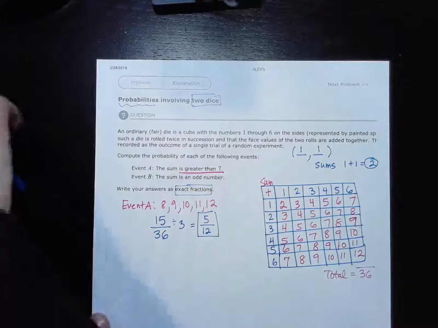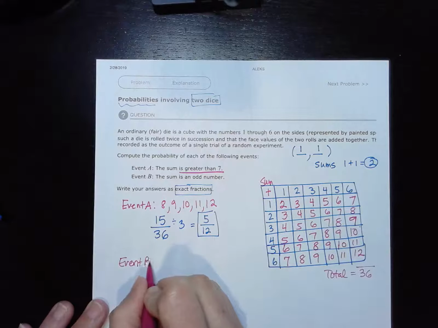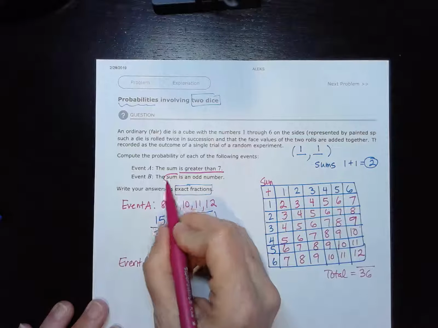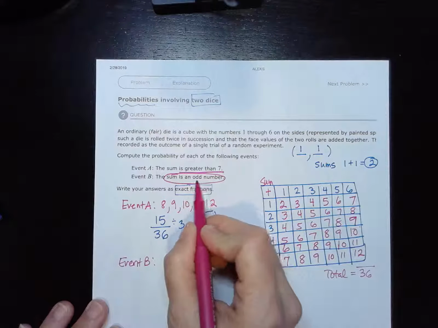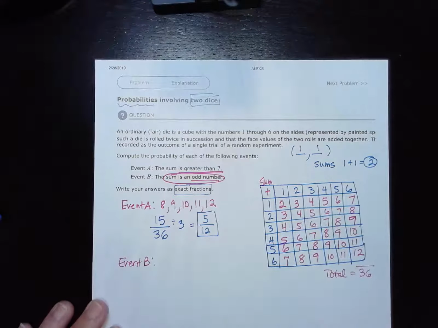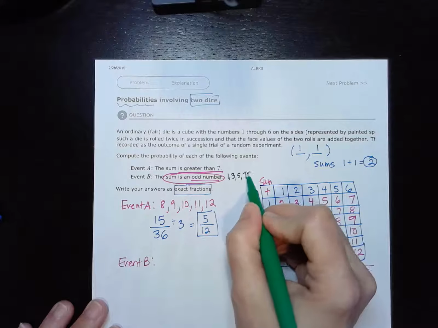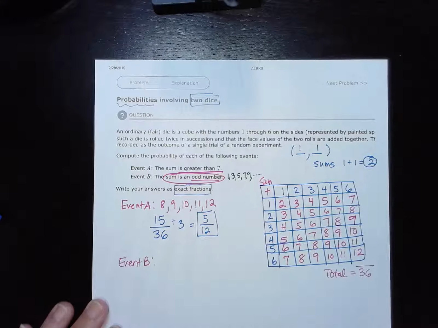Okay, so let's look at event B. Event B says I want my sum to be an odd number. So you have to know the definition of odd number. So our odd numbers are 1, 3, 5, 7, 9, and so on.